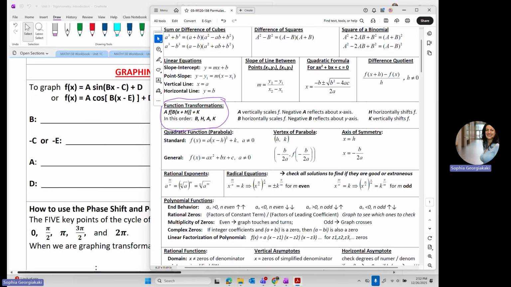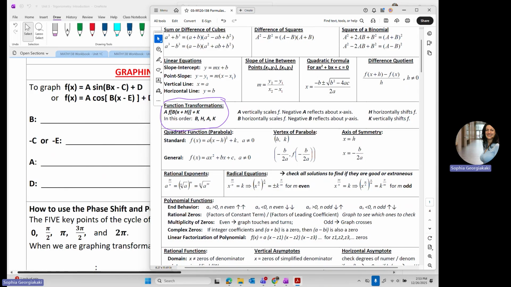Anything that happens to x happens backwards from what you see in the expression. So if you see a quantity added to x, then that will be a left shift. If you see a quantity subtracted from x, that will be a right shift.